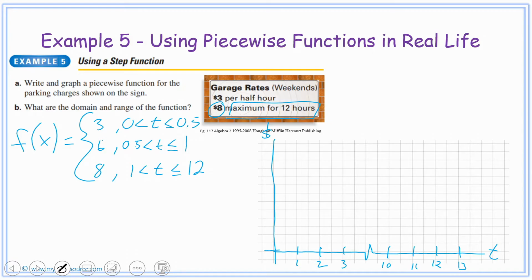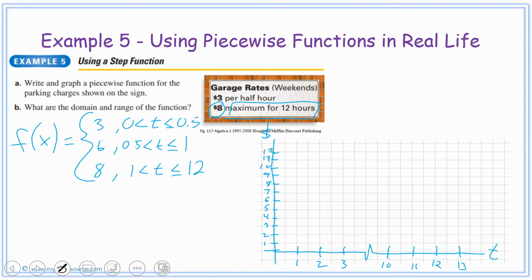Can I go by 2s? 2, 4, 6, 8. So I could go by 2s. Actually, I'll label 1, 2, 3, 4, 5, 6, 7, 8. Notice I wouldn't fit it there if I went by 2s.